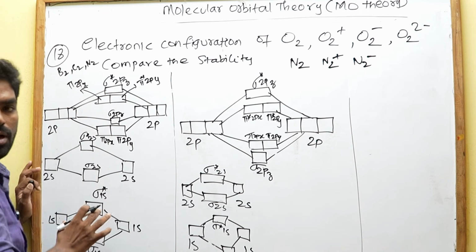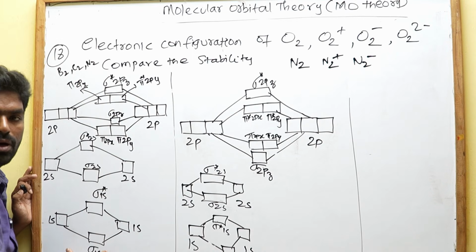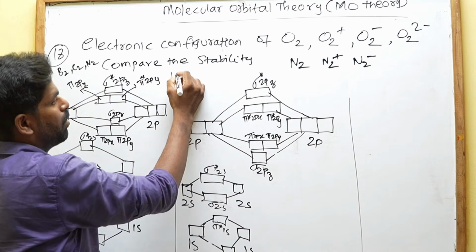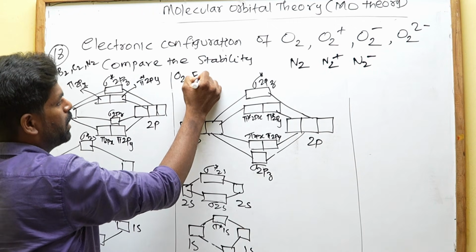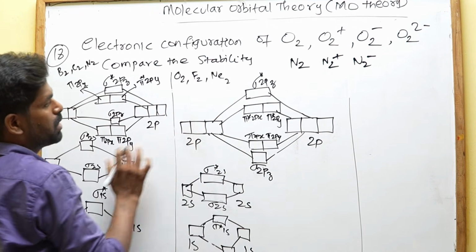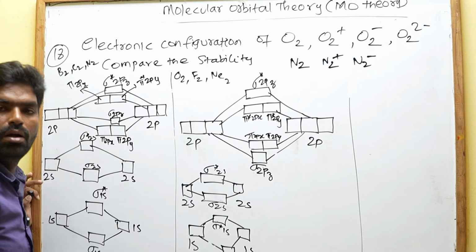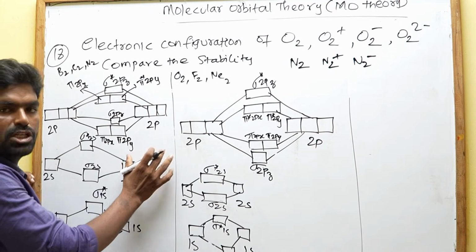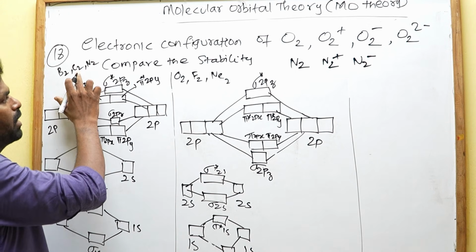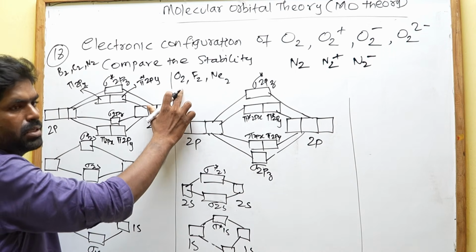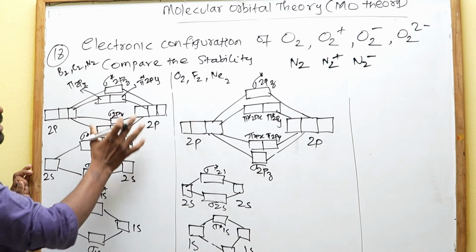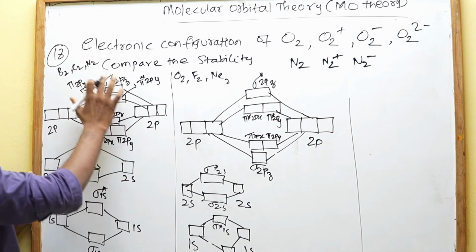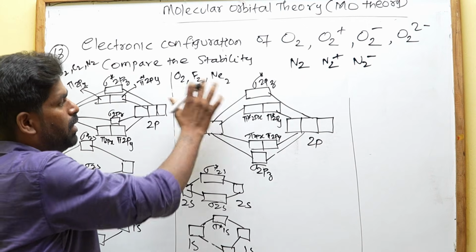All these molecules follow this type of molecular orbital diagram, whereas dioxygen, difluorine and dineon follow this molecular orbital diagram. Let me clearly explain the distinct difference between diboron, dicarbon, dinitrogen, dioxygen, difluorine, dineon.